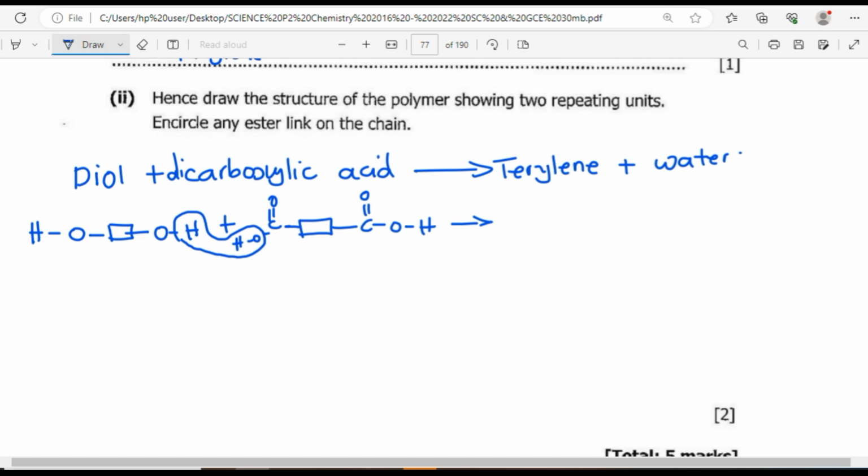So the picture is, we have this box, then this bond, we have this oxygen here, then the half will bond with the other half, so give us this one, then followed by this, then a box. Now since we are saying two repeating units, let's make another of this.